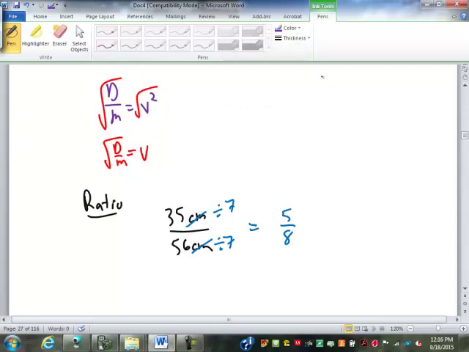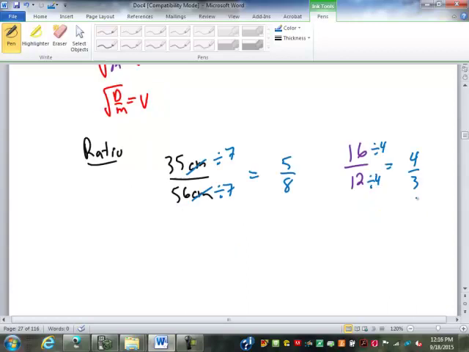If we had 16 to 12, both of those can be reduced by 4, give me a 4 to 3 ratio. Would I change that into 1 1/3? No. A ratio is a comparison between two numbers. We never want to change a ratio to a mixed number.